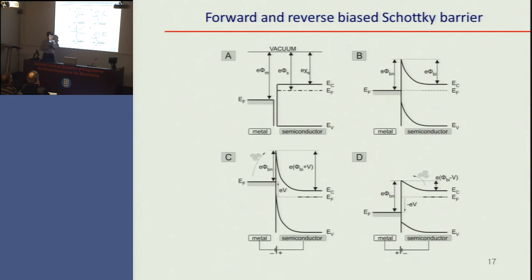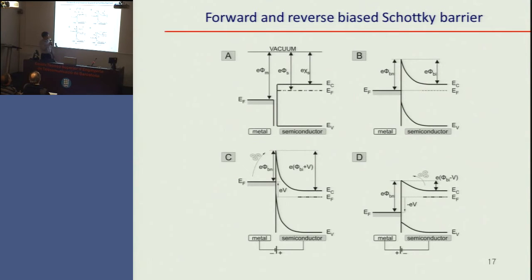Schottky barriers, this is for understanding for the students. If one side is metal and the other side is semiconductor, and you put them together, the band structure of the semiconductor will bend like this. The quantum barrier is called the Schottky barrier.